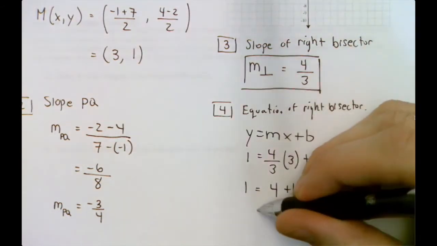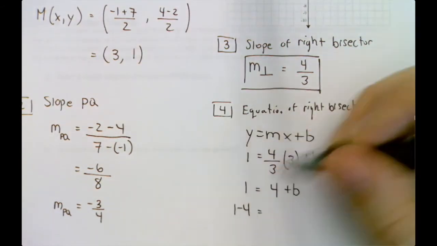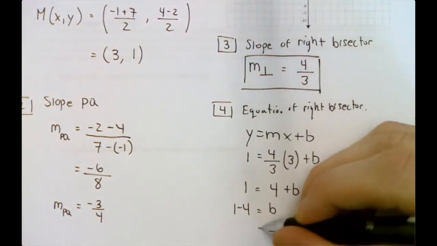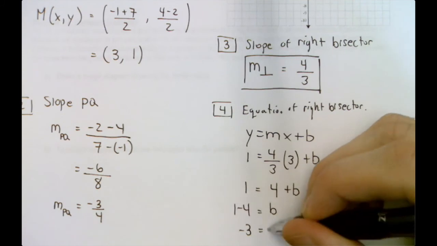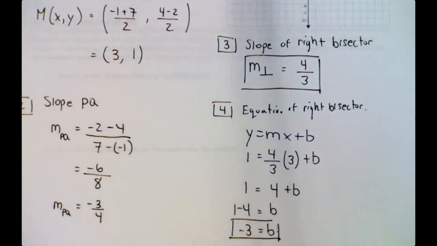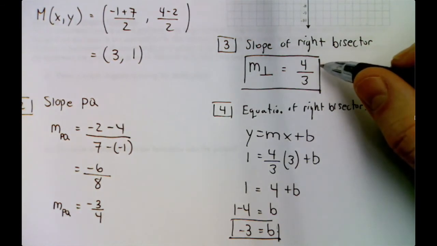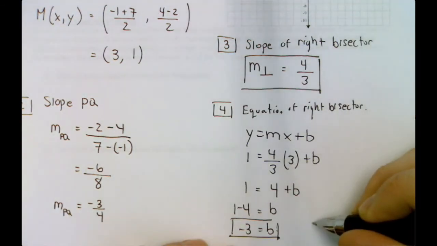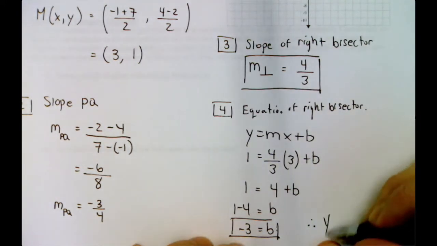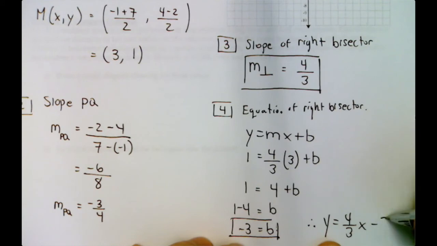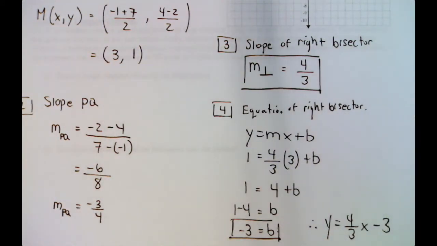Subtract 4 from both sides, or move the 4 to the other side, make it negative. We get 1 minus 4, which is negative 3, which is b. And now we know b. We found the slope earlier, so now we can write the equation. Therefore, y equals 4 over 3x minus 3. And that's the equation of our right bisector.